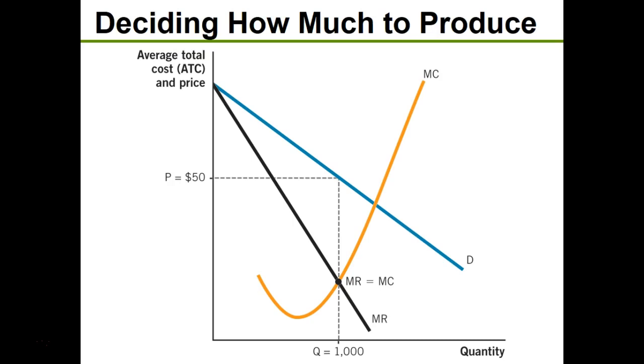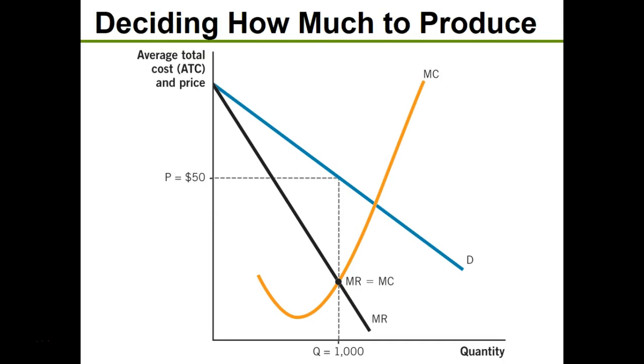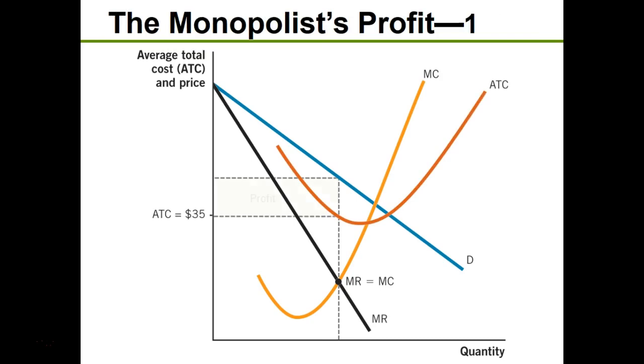We take the price that they charge here, which is $50. We then subtract from it what average total cost is at that particular quantity, which is $35, the difference being $15. And then we multiply that by the profit maximizing quantity. So the profits here for the monopolist, which we can show in this shaded region, would in fact be equal to $15,000.